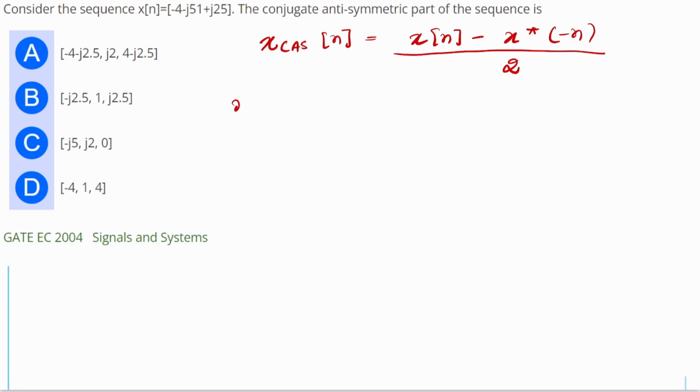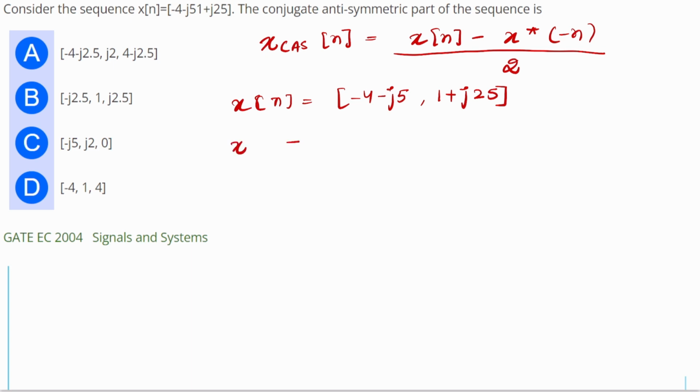The whole sequence x[n] is given as minus 4 minus j5, 1 plus j2, 5.